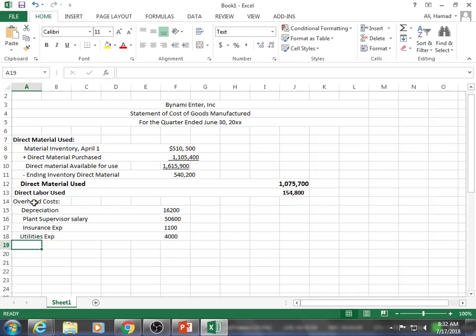All right, what comes next? The indirect labor cost. Yes, indirect labor cost. How much was that? 16,800. 16,800, you said? All right, 16,800. What comes next?